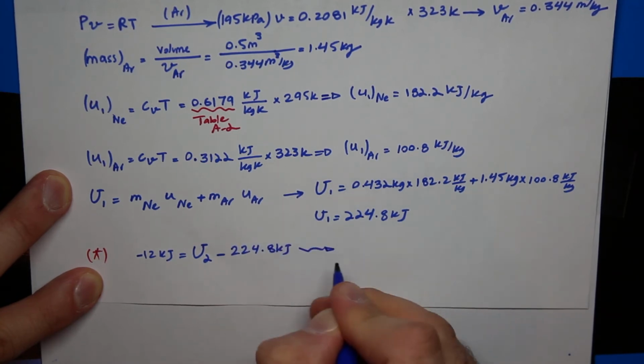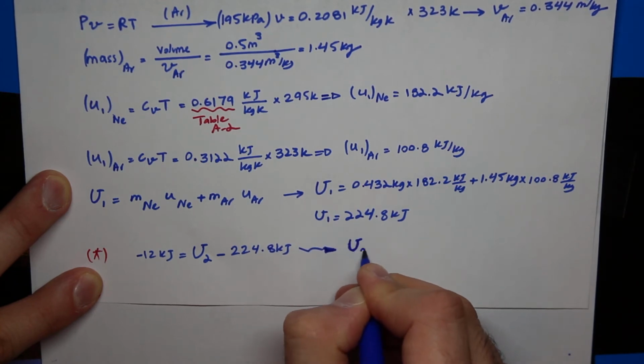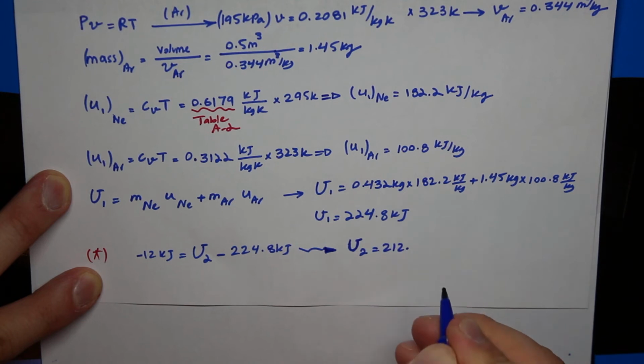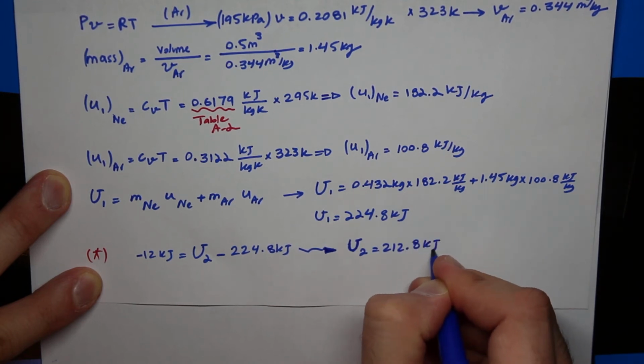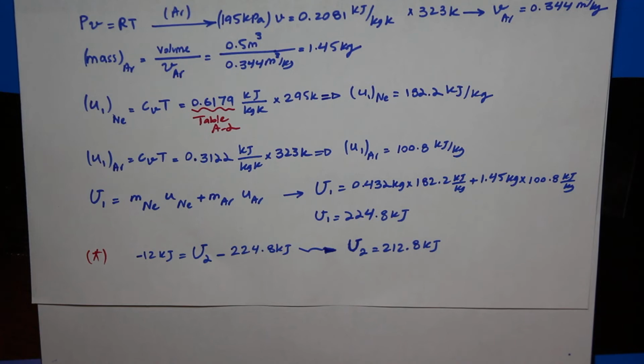Okay, and that gives me U2 equal to 212.8 kilojoule. So this U2 is the total internal energy after the membrane breaks and after the heat transfer completes, because we had 12 kilojoule of heat transfer to the surroundings.